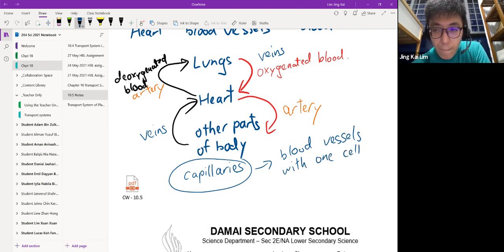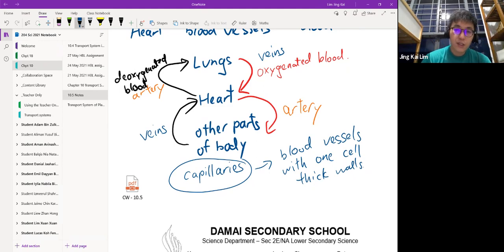These blood vessels allow the blood to go to the various parts of the body. They're found in the lungs, in the heart, and in the other parts of the body where the organs use the oxygen in the blood, so they're found everywhere. In terms of thickness, the artery is the thickest, followed by veins, followed by capillaries, with capillaries being the thinnest.